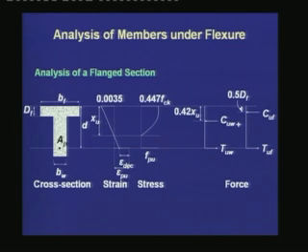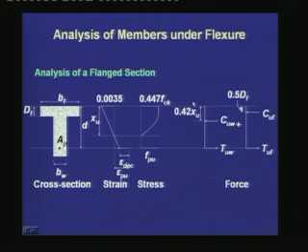The compression which acts in the web is denoted as CUW, and the corresponding component of the tension is denoted as TUW.